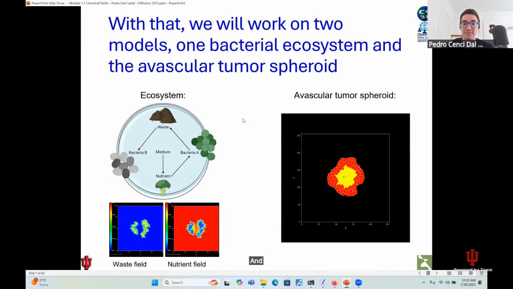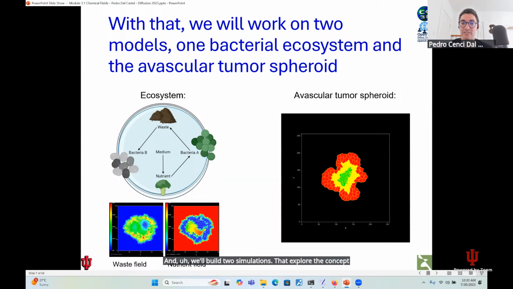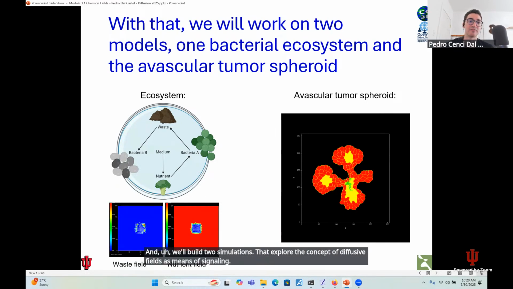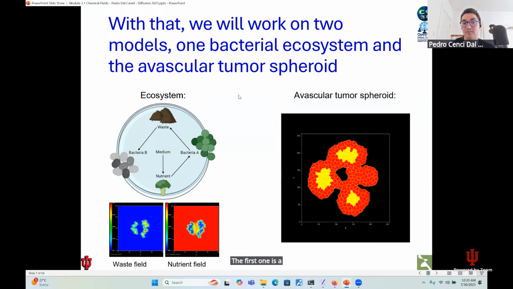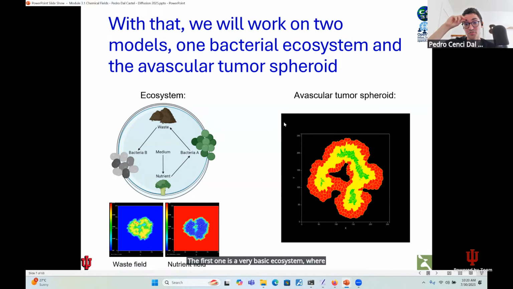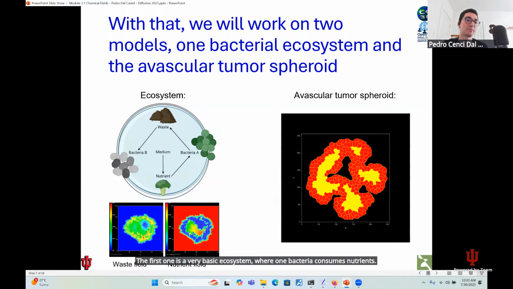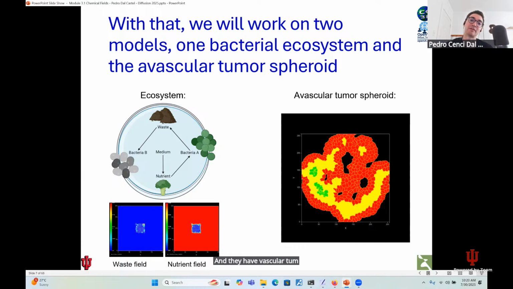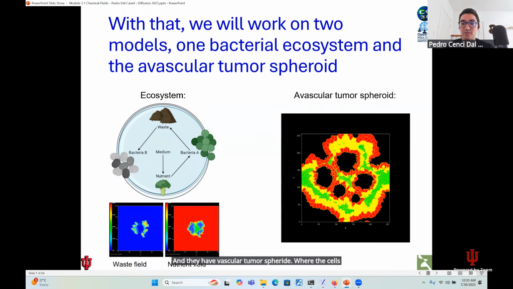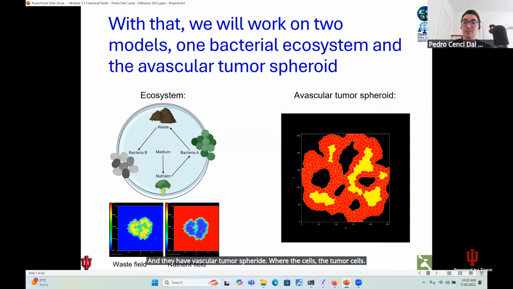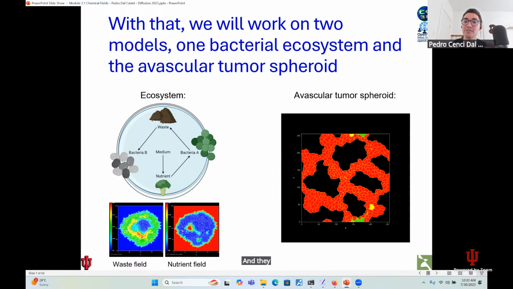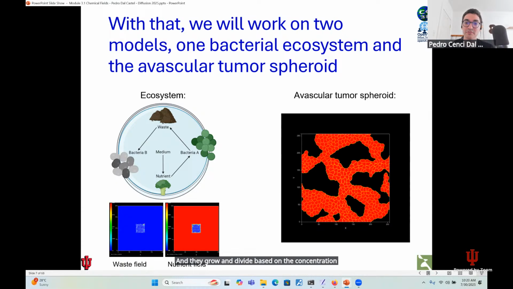And we will build two simulations that explore the concept of diffusive fields as means of signaling. The first one is a very basic ecosystem where one bacteria consumes nutrients, generates waste that another bacteria consumes, and the second is the avascular tumor spheroid where the tumor cells consume a nutrient field and they grow and divide based on the concentration of this field.